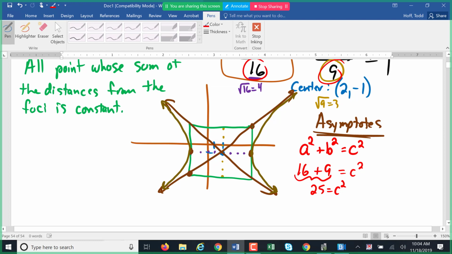Tells us that c equals 5. So that means we go 5 units on either side of the center. Those are the foci. The center here was at 2, -1, remember. 5 units this way would put us at 7, -1. 5 units this way would put us at -3, -1 for our foci.